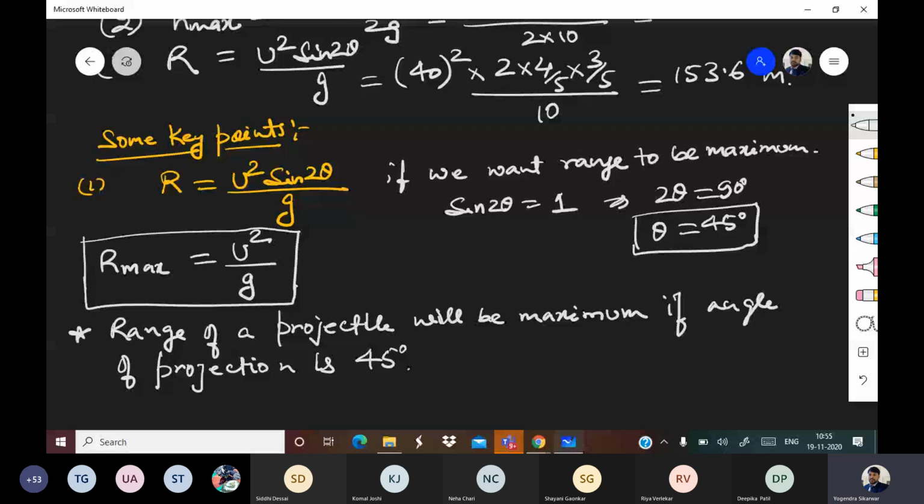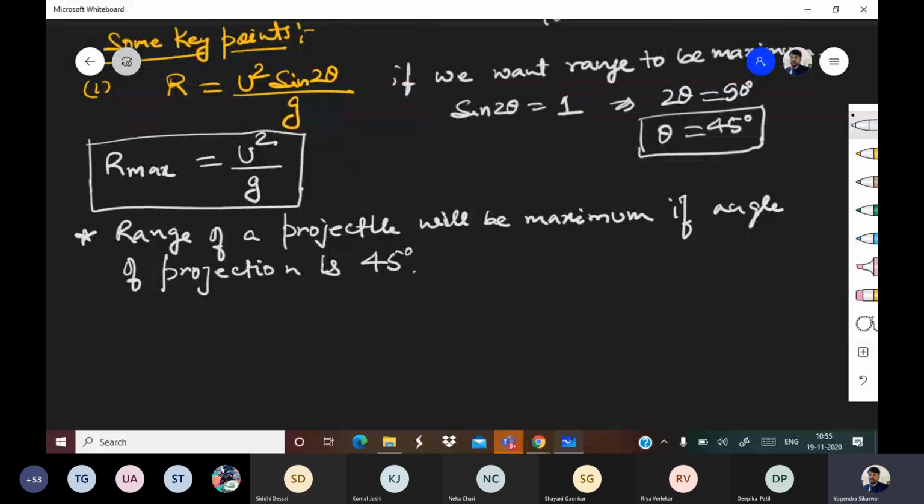Range of a projectile will be maximum if the angle of projection is 45 degrees.